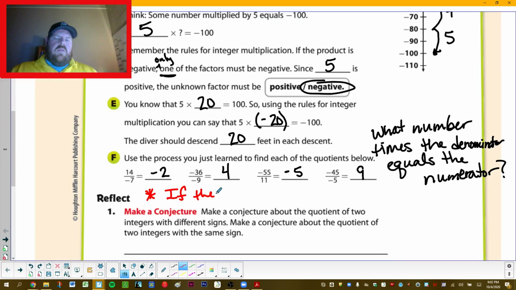Each one of those problems there has 2 negatives. I have a negative here and here. I have a -36 and -9, -55 and -5, -45 and -5.